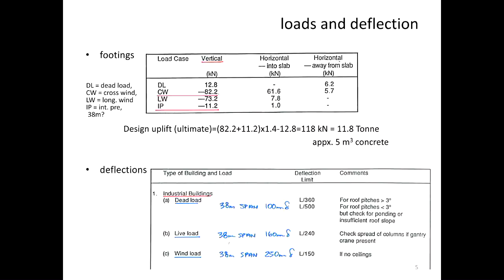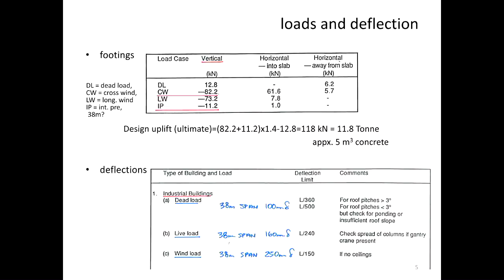Is that making sense, guys? So that's the concept. So how did we get 11.8 tons to be 5 meter cube? Anybody? Yes, sir. So 1 meter cube is 2.4 tons. Do we agree? Anybody who disagrees with that? 1 meter cube of concrete multiplied by 2400, which is the weight density of concrete, gives you 2400 kilograms.